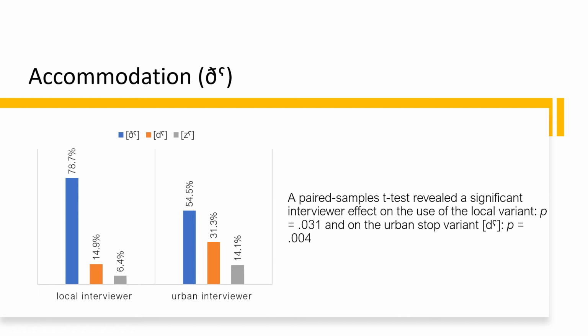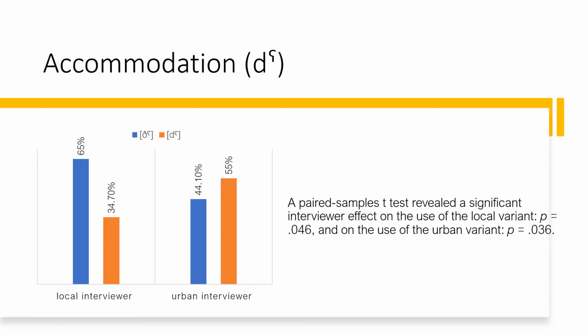A paired samples t-test revealed that the difference here is actually quite significant. So there's a significant interviewer effect on the use of both the local and the urban, the stop urban variant, between the two interviewers, with the stop urban variant used more with the urban interviewer, and obviously less with the local interviewer.